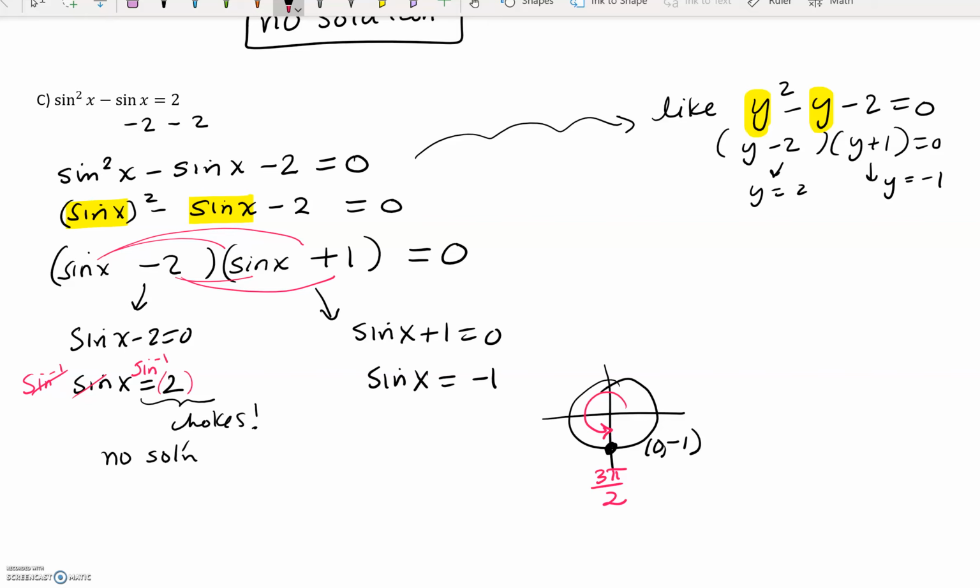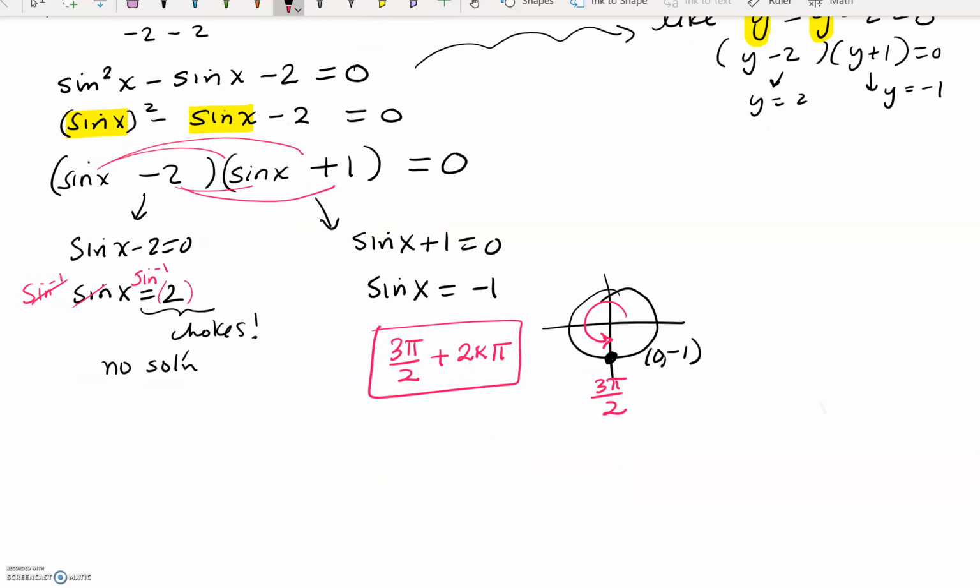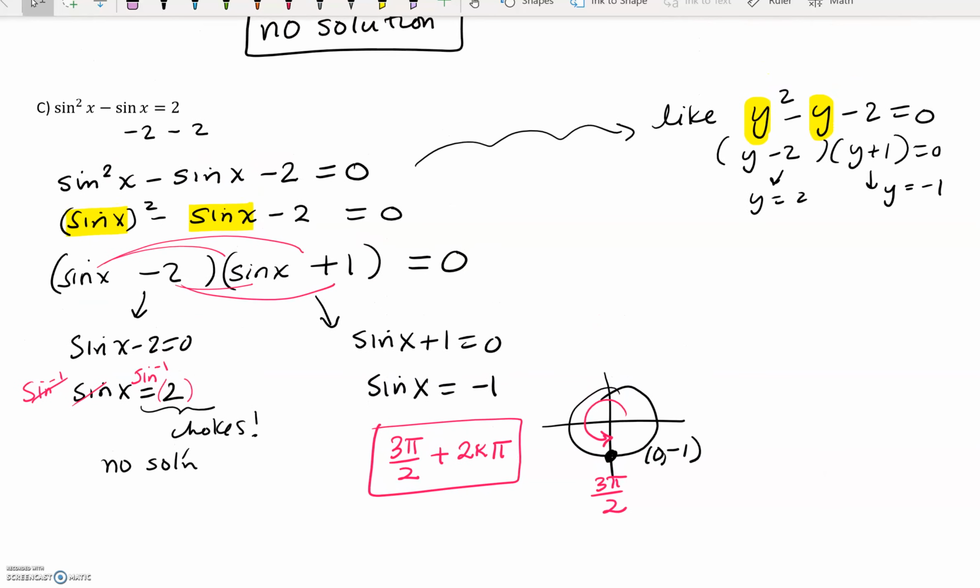I'll just go ahead and think of it as 3 pi over 2. And then since the sine function is periodic and repeats every 2 pi, I'll add 2k pi to it. And that's it. Trig equations.